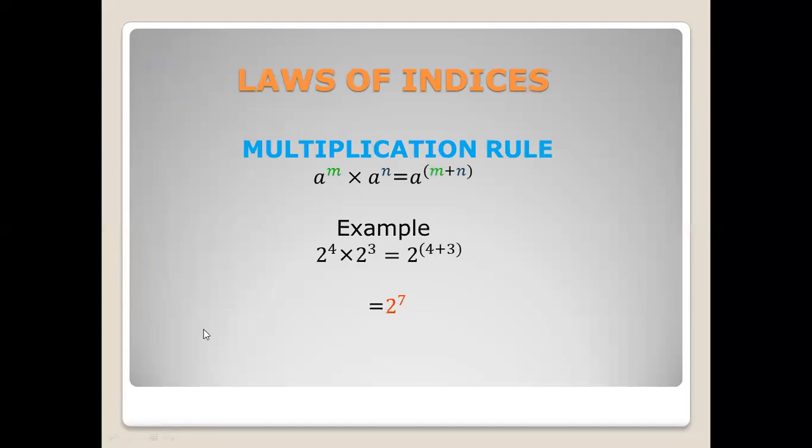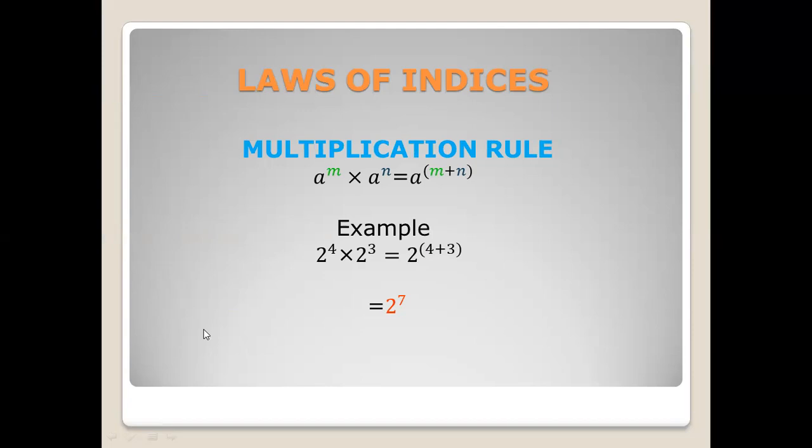So then we go to the next slide, that is on laws of indices. And we have various laws, and law number 1, as you can see from your screen, is, Ian, what can you read from your screen? The law number 1. Ian, are we together? Yes, law number 1 is the multiplication rule. Multiplication rule.